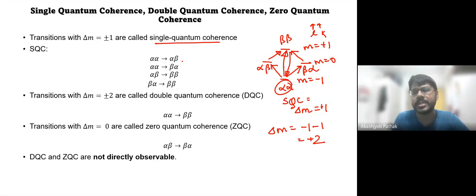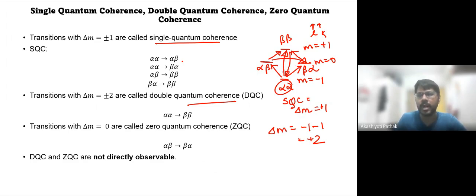So transitions with delta m equal to ±2 are called double quantum coherences. Transitions with delta m equal to 0, a transfer between alpha beta and beta alpha, are called zero quantum coherences, because here m is 0.